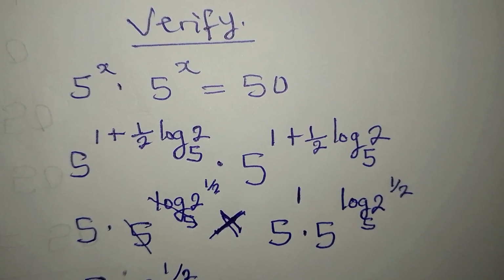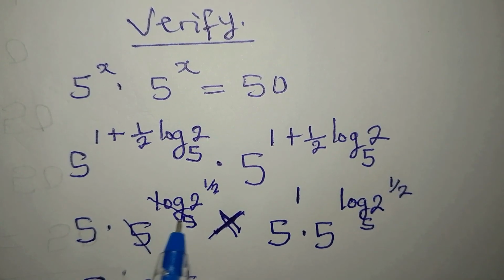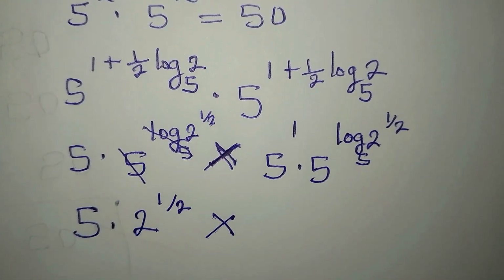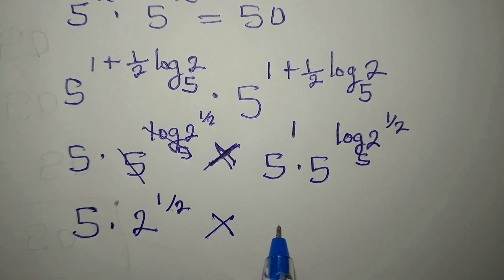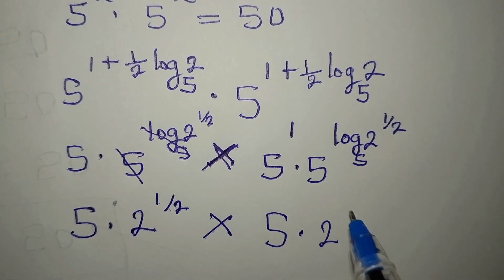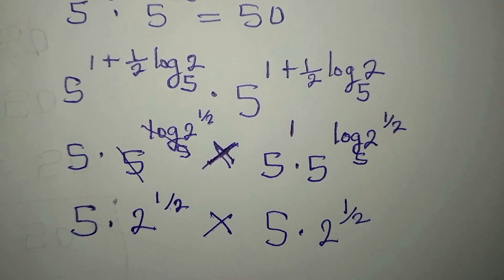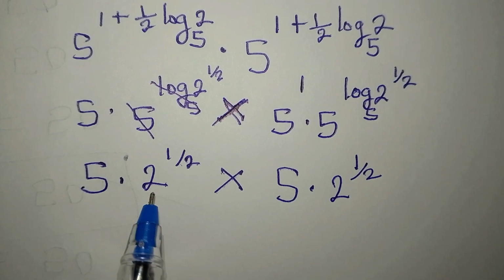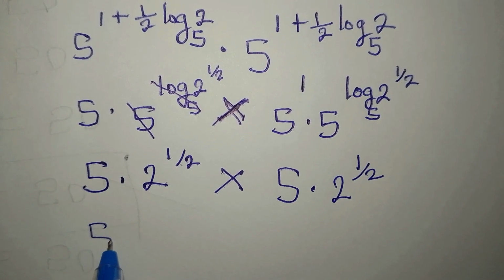The same thing here is the same over there. So we have 5 multiplied by 2 to the power of 1 over 2. And mind you, 2 to the power of 1 over 2 is the same as square root of 2.